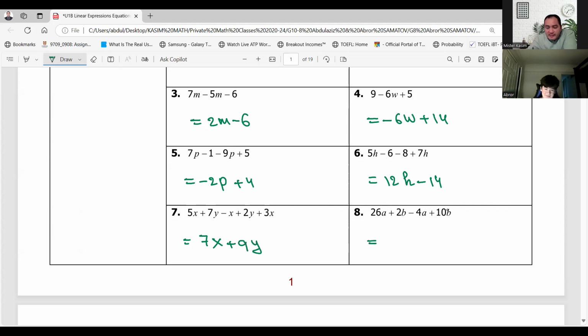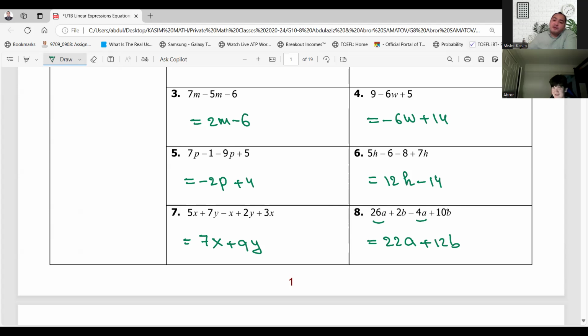Next, 26a minus 4a. That's 22a. Yes, 22. No, I said 22. 2b plus 10b, that's 12b.